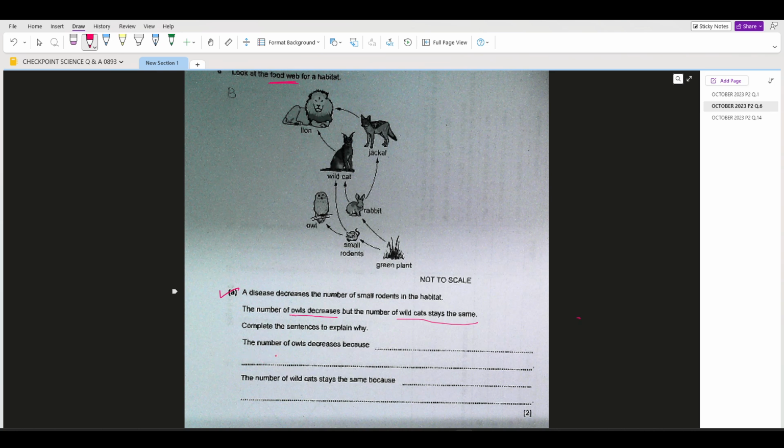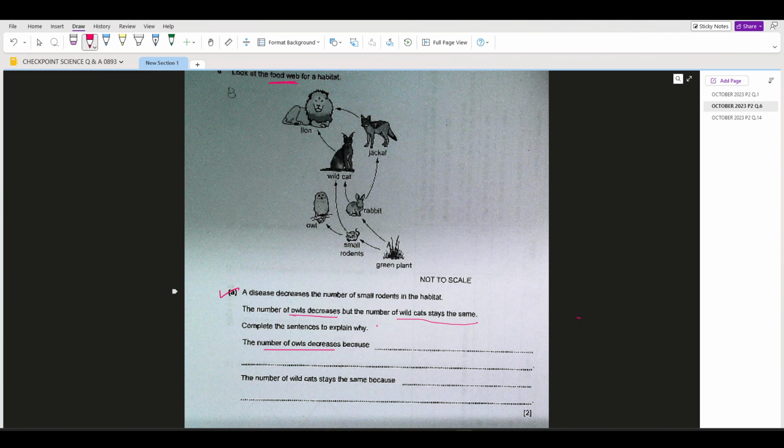So the number of owls is decreasing because, the reason is very obvious, the owl is dependent only on the rodent in this food web. Rodents are the only food for the owl, so the number of owls will definitely decrease when the number of rodents is decreasing.